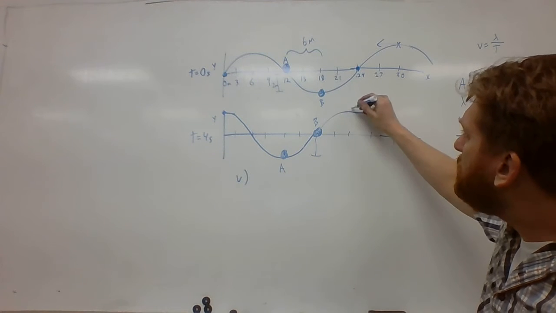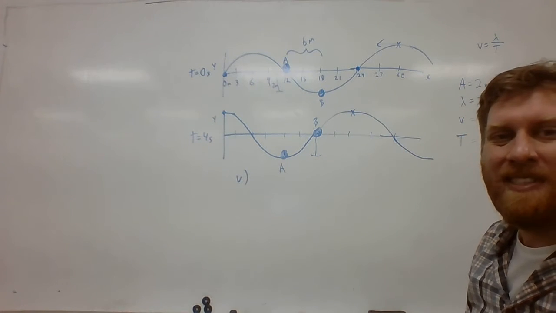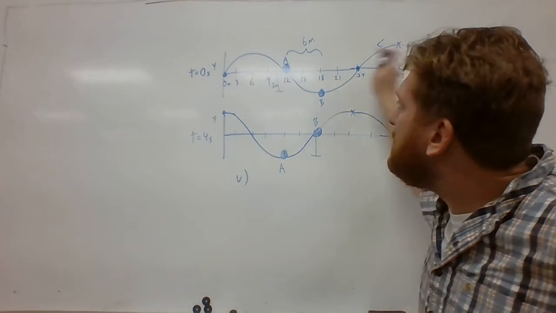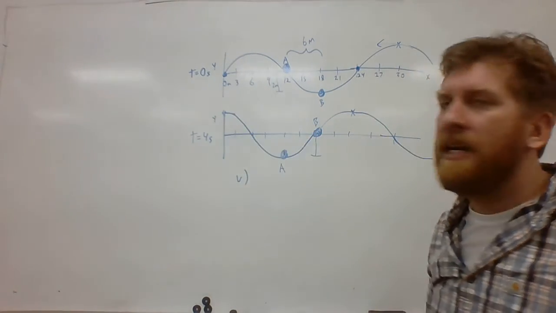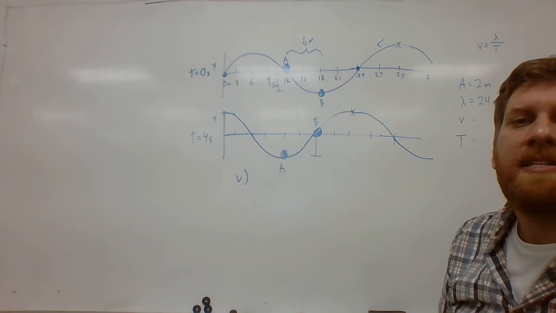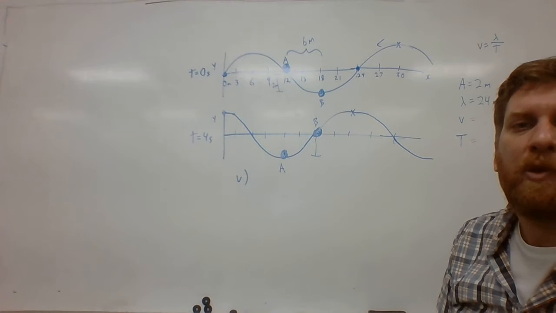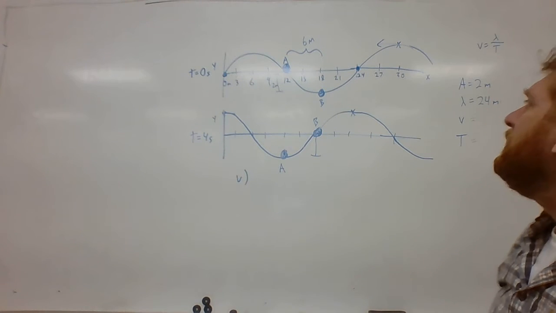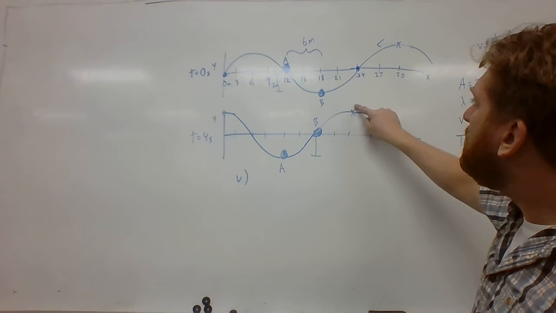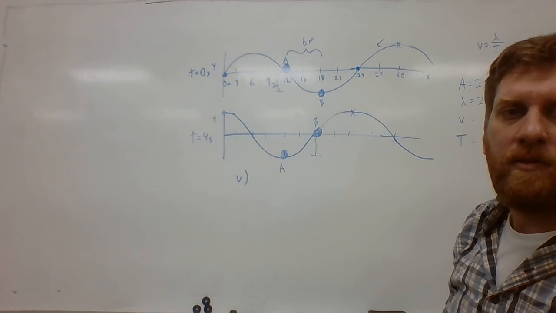I suggest you choose this as being the crest that it moved to. It's possible that these waves are moving really quickly and that this crest actually corresponds to this crest right here. You could have done that and you could still receive full credit, but since I didn't specify exactly which crests coincided, choose the easiest situation. We'll say that this crest moved to this position between 0 seconds and 4 seconds.